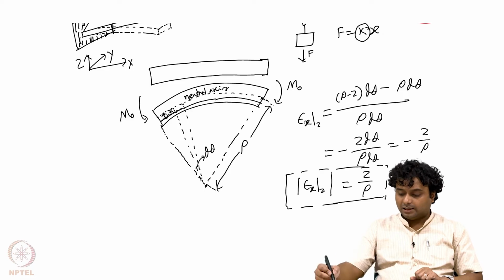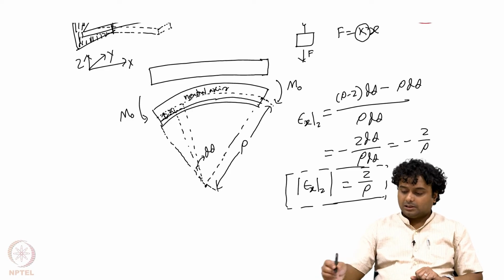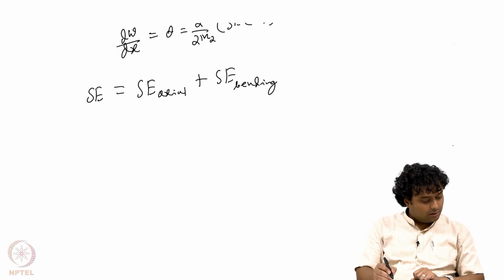But here we have axial stress also and transverse stress also, because this is the guided case, and then we have to calculate the strain energy for both. So we will calculate one by one, that is strain energy axial and strain energy bending.